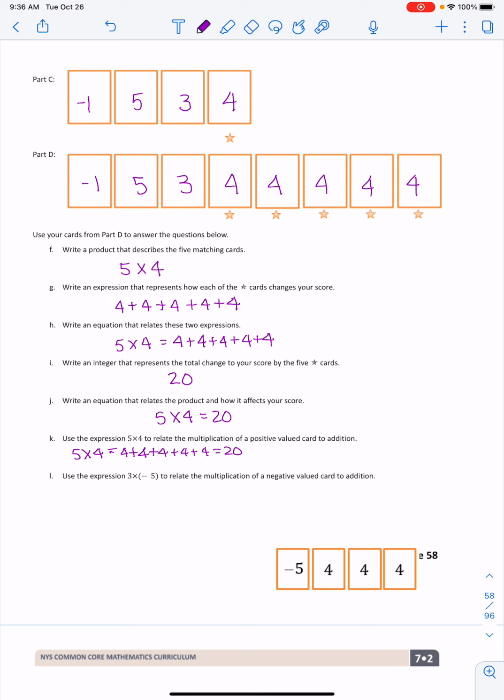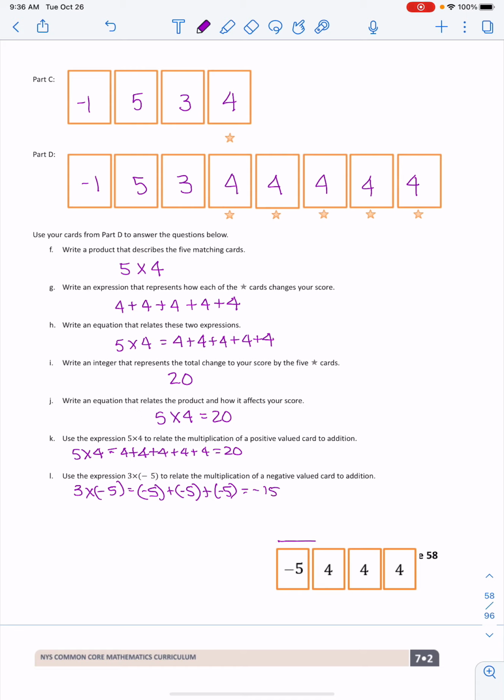This is use the expression 3 times negative 5 to relate the multiplication of a negative valued card to addition. Well, 3 times negative 5 equals negative 5 plus negative 5 plus negative 5 equals negative 15.